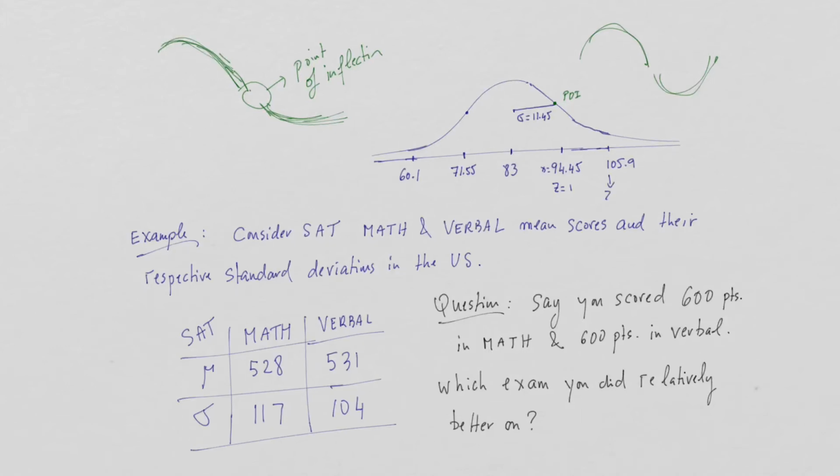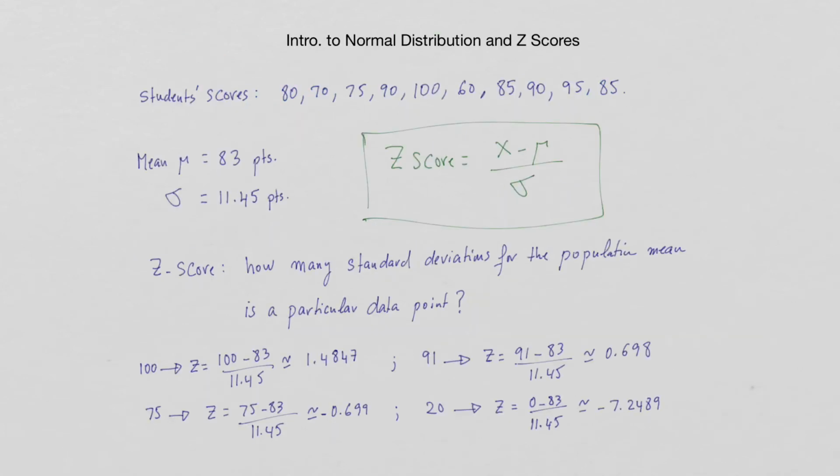This reflects Z equals 2. This reflects Z equals 0. Think about it. If my score is 83, and I want to find the Z-score, well, it's going to be 83 minus the mean over the standard deviation. So that means the Z-score is 0. So 83 will give me 0, okay?